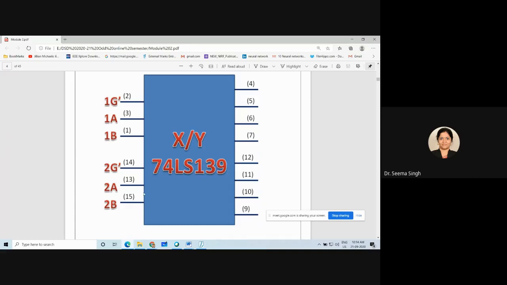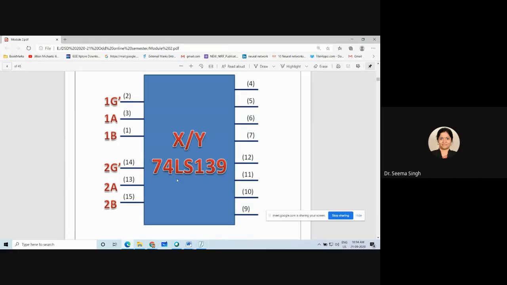The second decoder has 2A, 2B as input and 9, 10, 11, 12 as output, and the enable for this one is 2G dash. So note down this block diagram, and then we will see the internal diagram also.